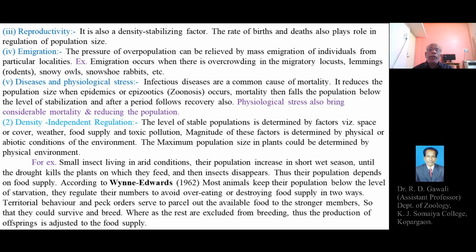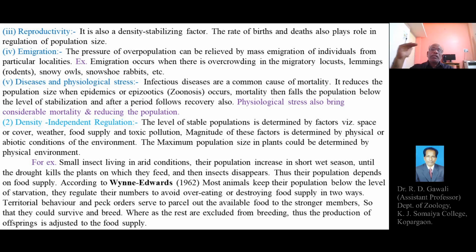The magnitude of these factors is determined by the physical or abiotic conditions of the environment.